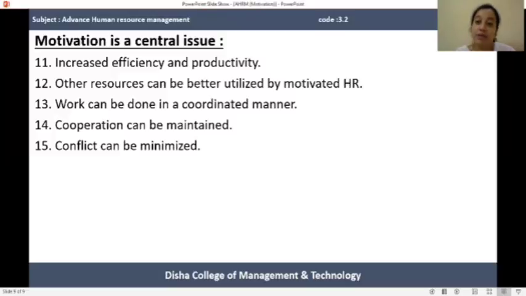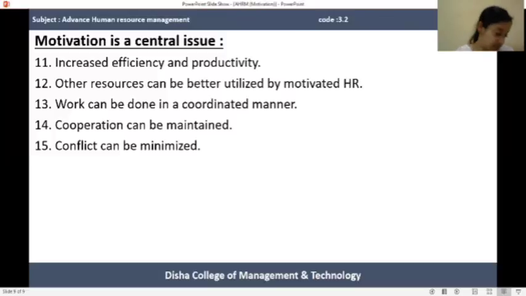And last, motivation helps to minimize conflict. How? If the person is motivated, then he is satisfied with the organization's culture and system. So there is a concept of maintaining a good, healthier relationship between the employer and employee of the organization.